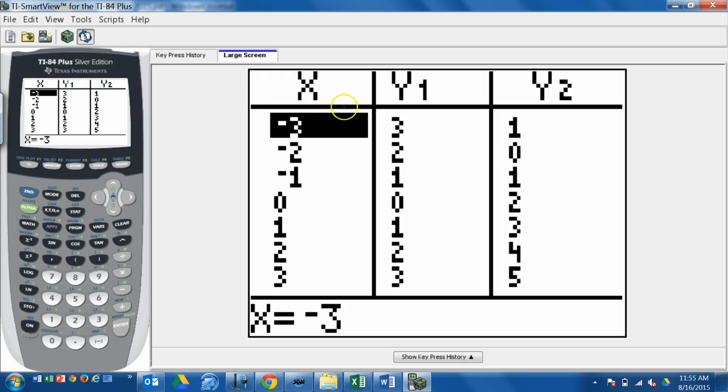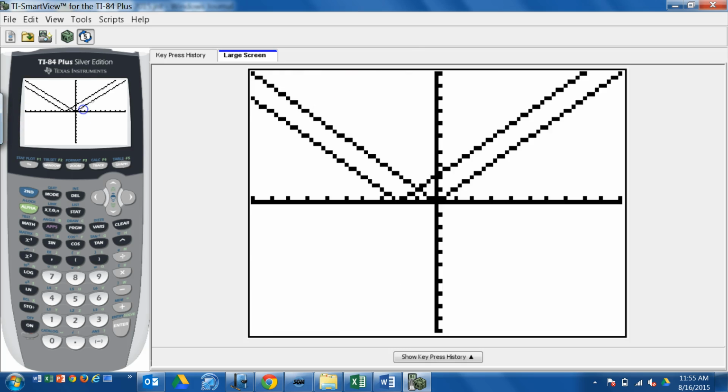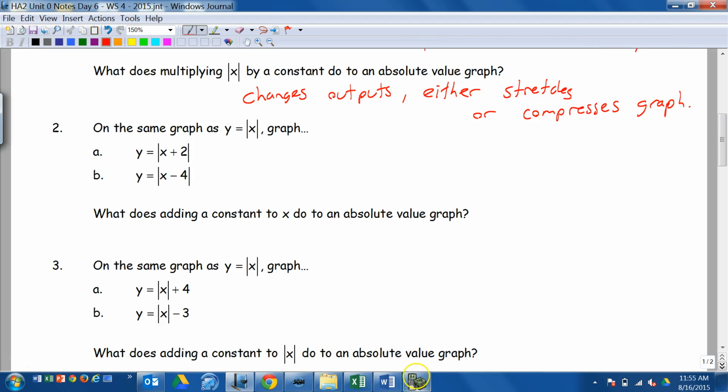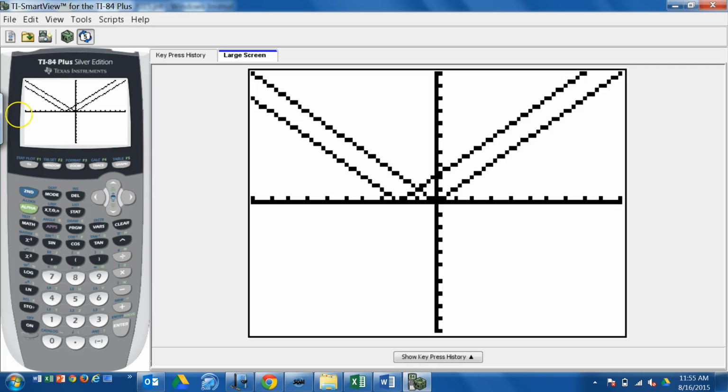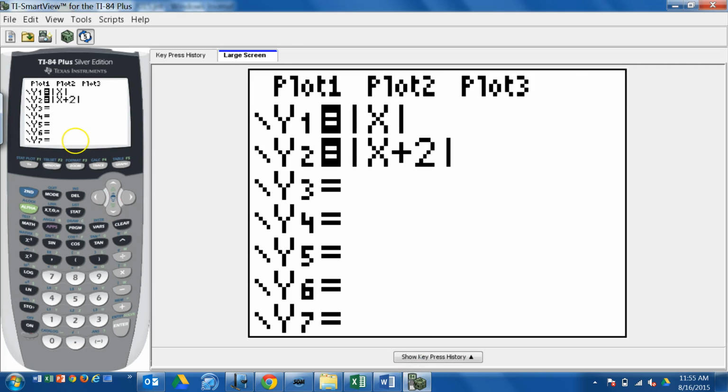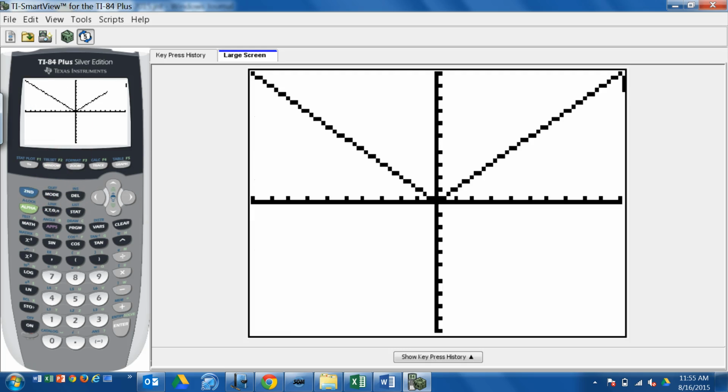So it shifted over 2 left and then it starts going up again on either side of the negative 2. So we can kind of guess what minus 4 will do. If that moved it to the left 2, this should hopefully move it to the right 4. So there's the original, and again it moved it to the left 1, 2, 3, 4.